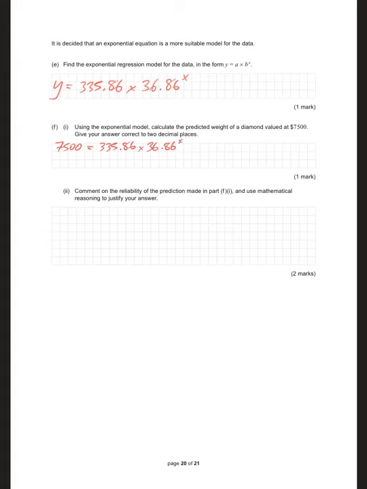So you go to the graphing function of your calculator. Y1 is going to be 7,500. Y2 is going to be 335.86 times 36.86 to the power of x. Clear the old graphs.